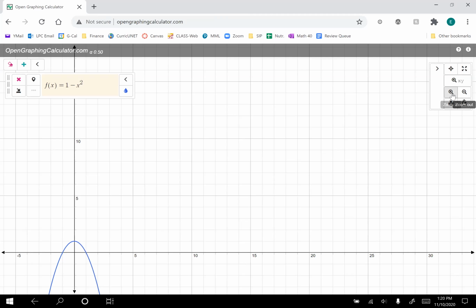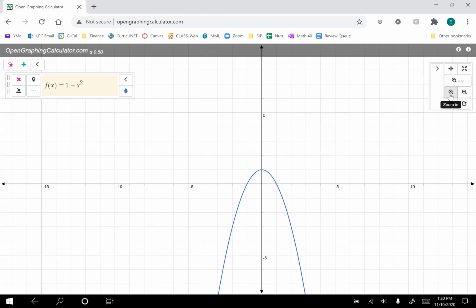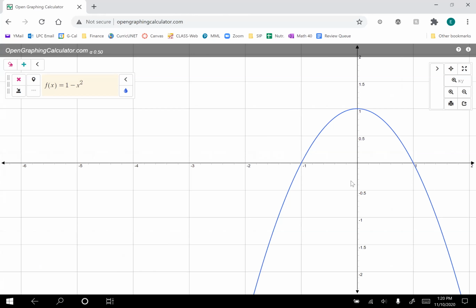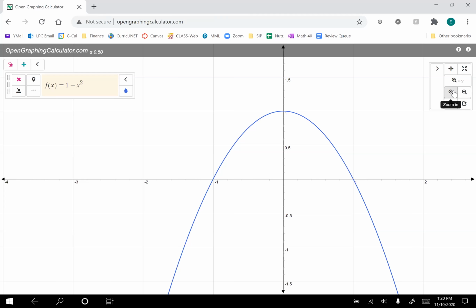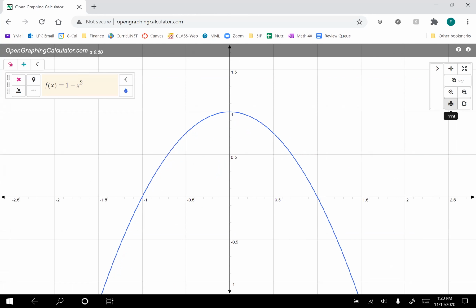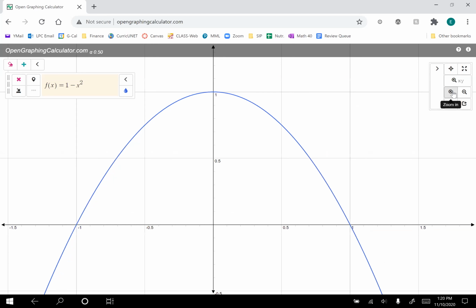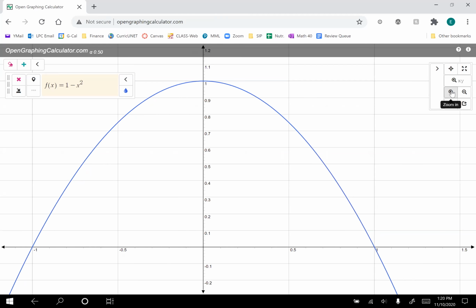All right, let's zoom in on that little guy. Okay, and we are just trying to look at the area underneath this curve from x equals 0 to x equals 1. So we can get really close in there, looking at the portion of the curve that we want.